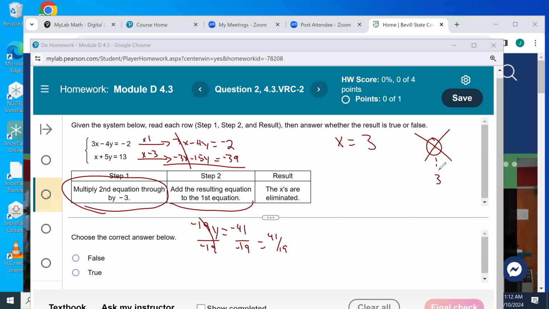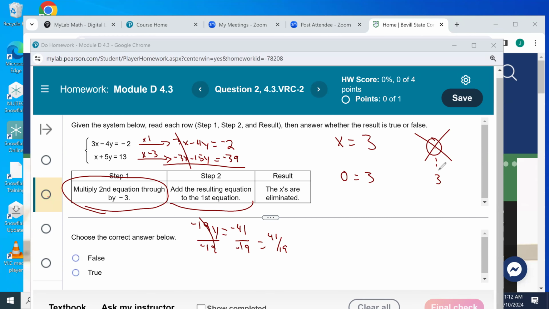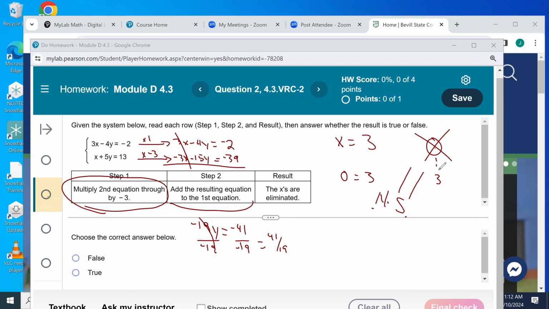I get something like 0 equals 3. What does that mean? The lines are parallel. They don't cross. There's no solution. And what's the third thing that could happen? I get something like 7 equals 7. Well, that means it's really the same line and there's an infinite number of solutions.